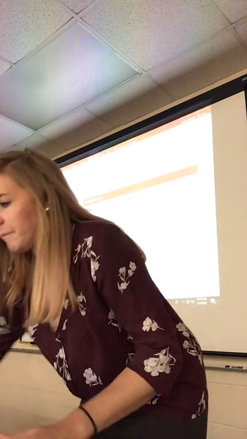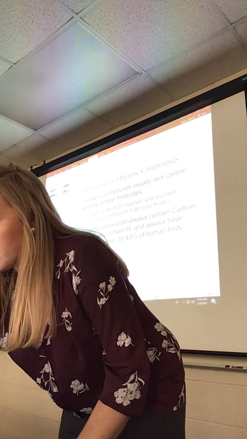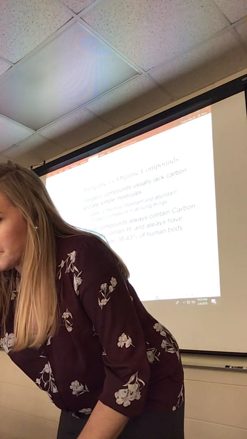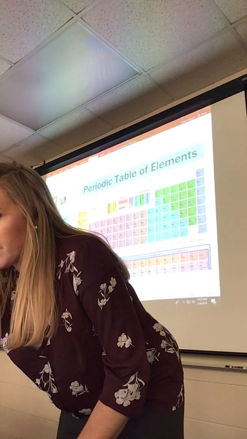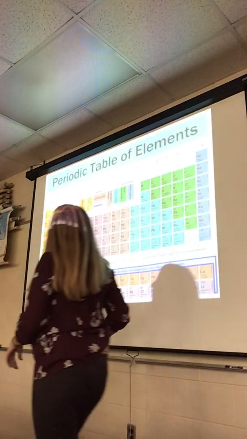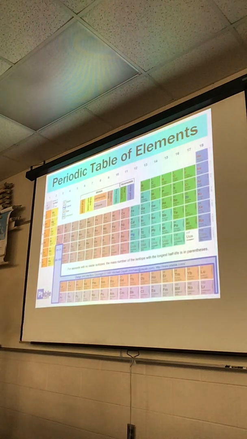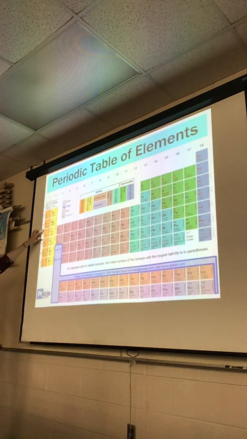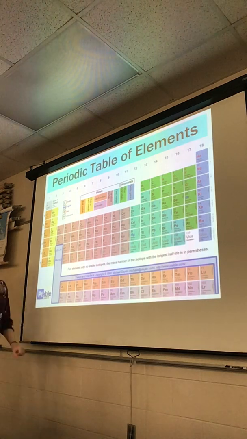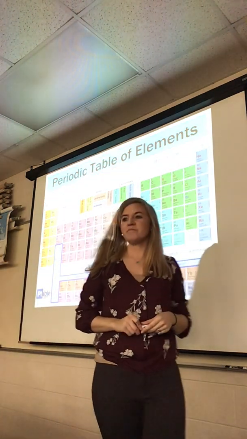So to show you that, let me pull up my periodic table, not atomic table. What's the atomic mass of sodium? Can anybody see it from here? Probably not. 22.98. And the atomic mass of chlorine is 35.45.